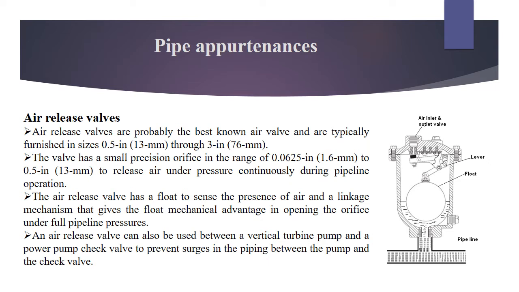An air release valve can also be used between a vertical turbine pump and a check valve to prevent surges in the pipe between pump and check valve. The right side diagram clearly shows an air release valve.